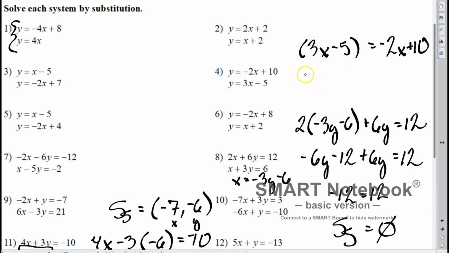I can add 2x to both sides. I can add 5 to both sides, and I have x equals 3 by dividing both sides by 5.